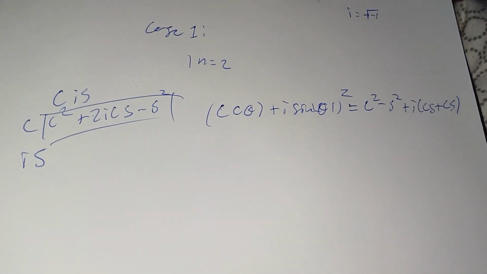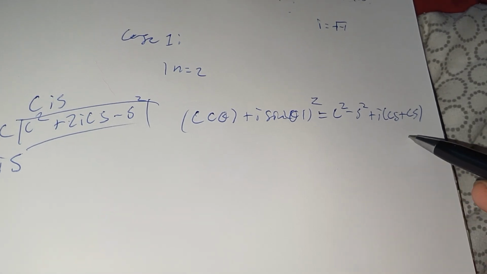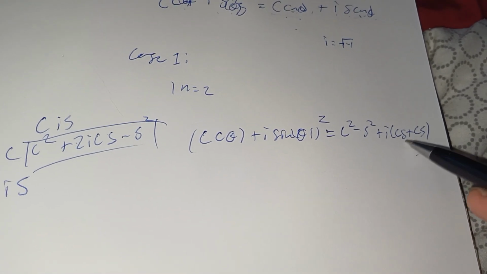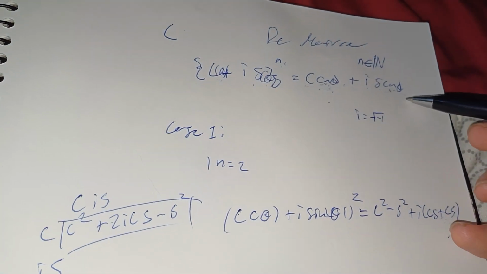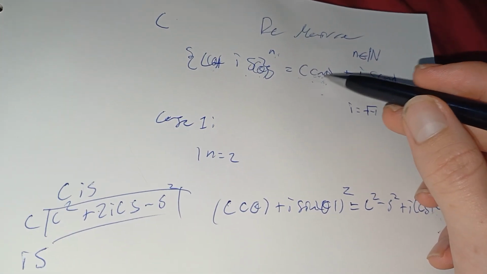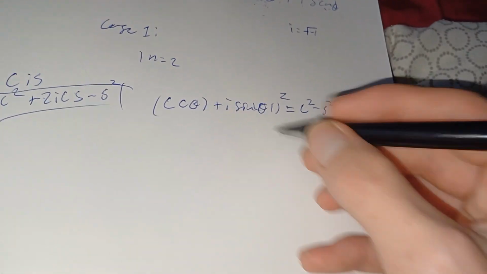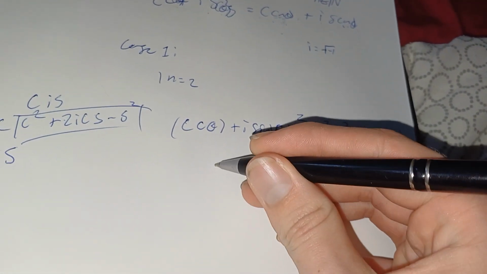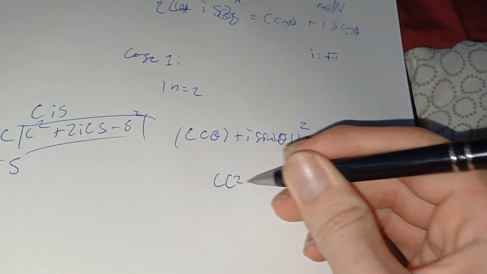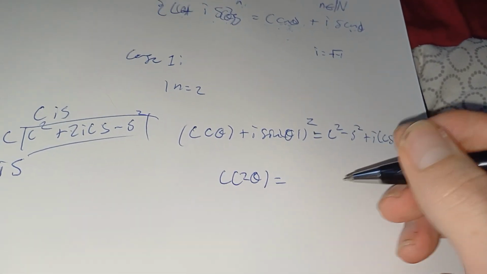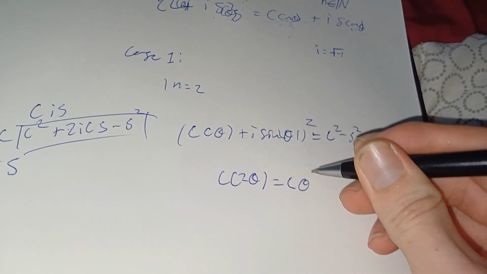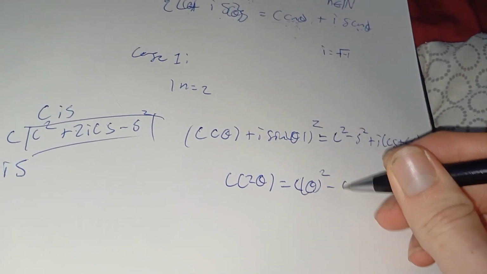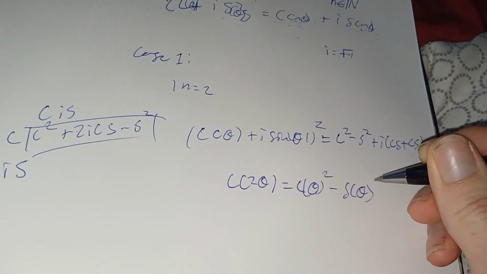So this means that now we have acquired the formulas for cosine and sine with n equals 2. So now we know that cosine of 2 theta equals cosine theta squared minus sine theta squared.